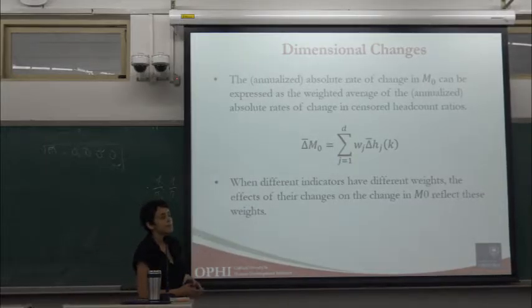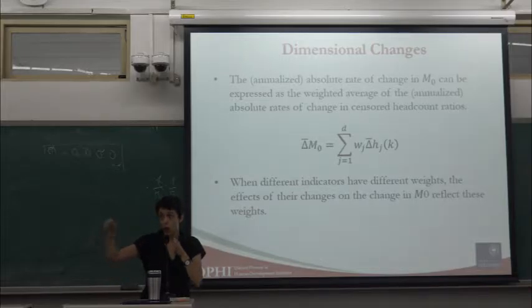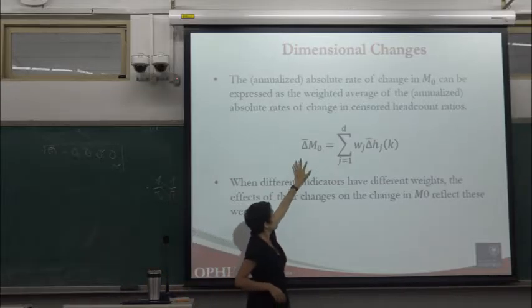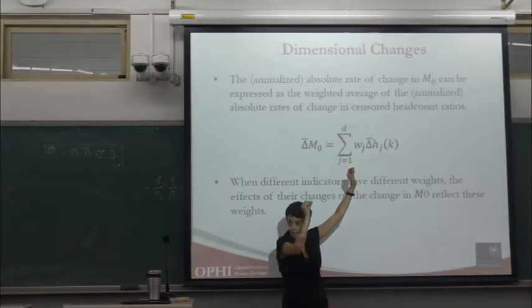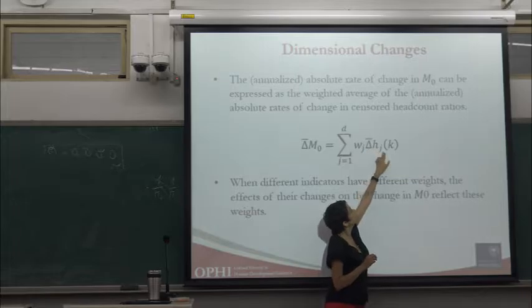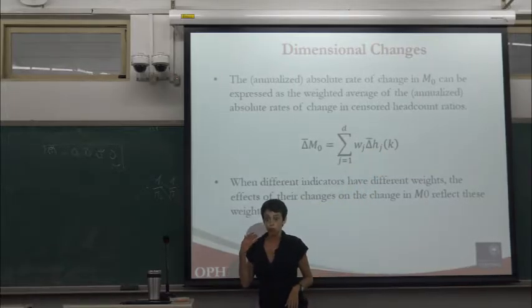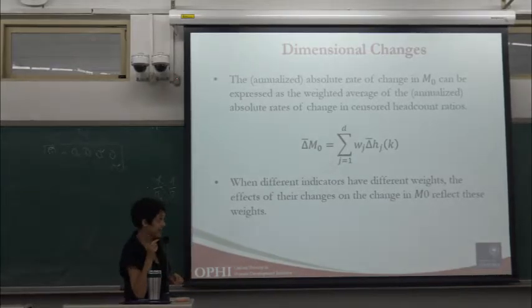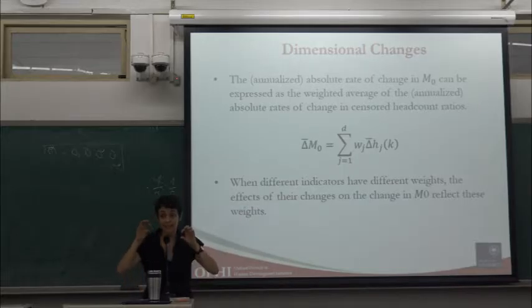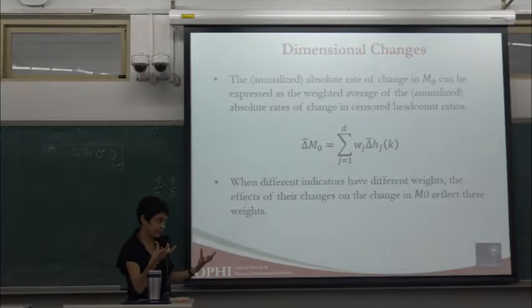Mathematically, the change in M0 can be written as a weighted average of the changes in the censored head counts: the weight that each indicator has in the MPI, times the change in the censored head count ratio of that indicator, summed. As the weights differ, different indicators have different contributions to the change.